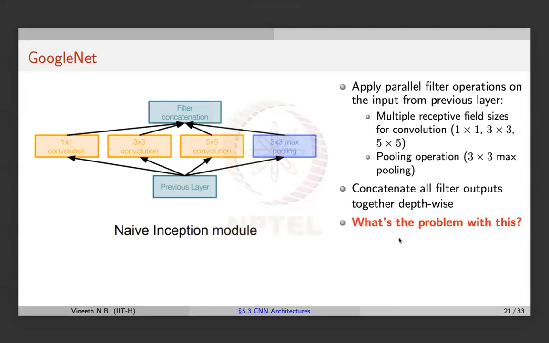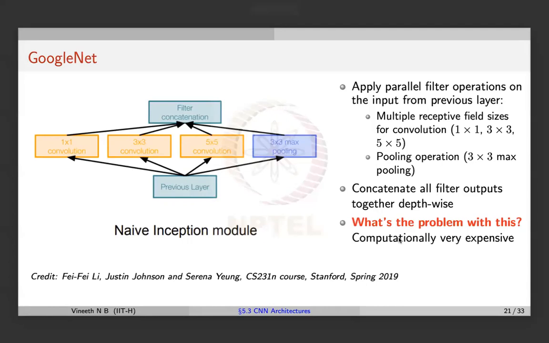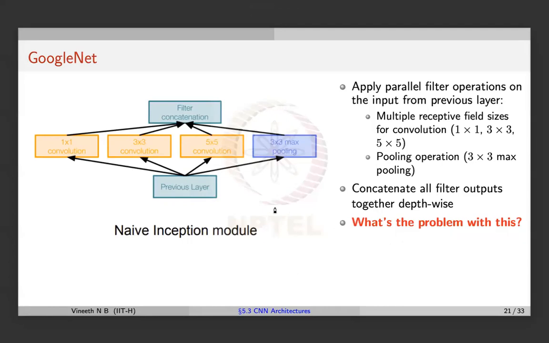So what is the problem with this? Earlier they used to have one convolution layer, 3 cross 3, but now we have 1 cross 1, 3 cross 3 and 5 cross 5. With this setting they saw an increase in computational duration, and it was computationally very expensive to add all the different sizes of filter to the same image.